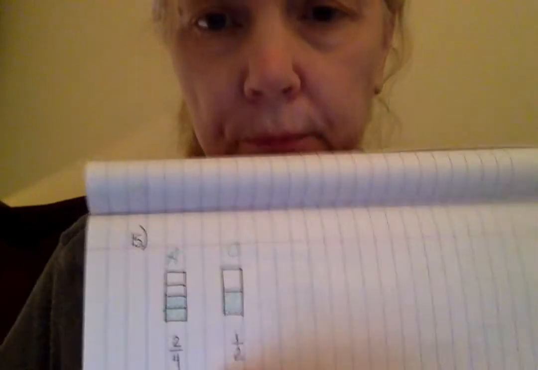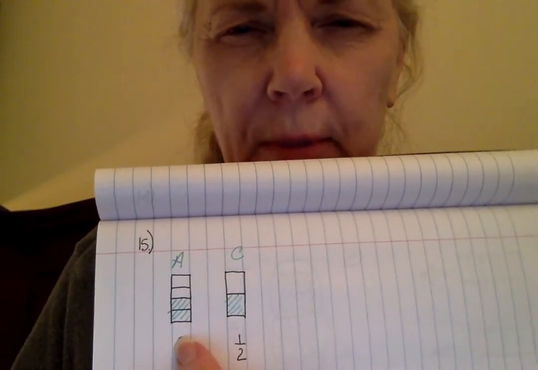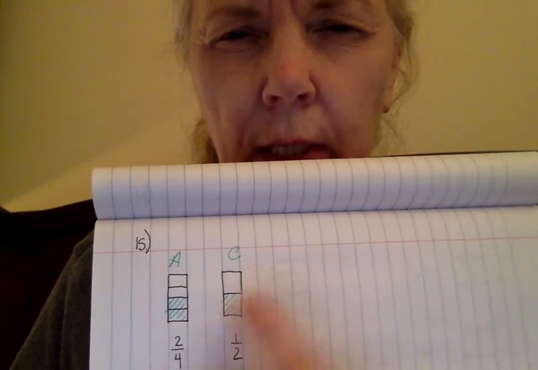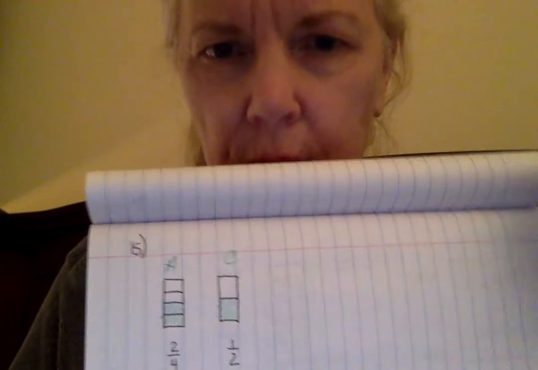Mavis mixed 2/4 quart of apple juice with 1/2 quart of cranberry juice. Compare the fractions, 2/4 and 1/2. Choose the symbol that makes the statement true. So, just a quick drawing of 2/4 quart of apple juice and 1/2 quart of cranberry juice.